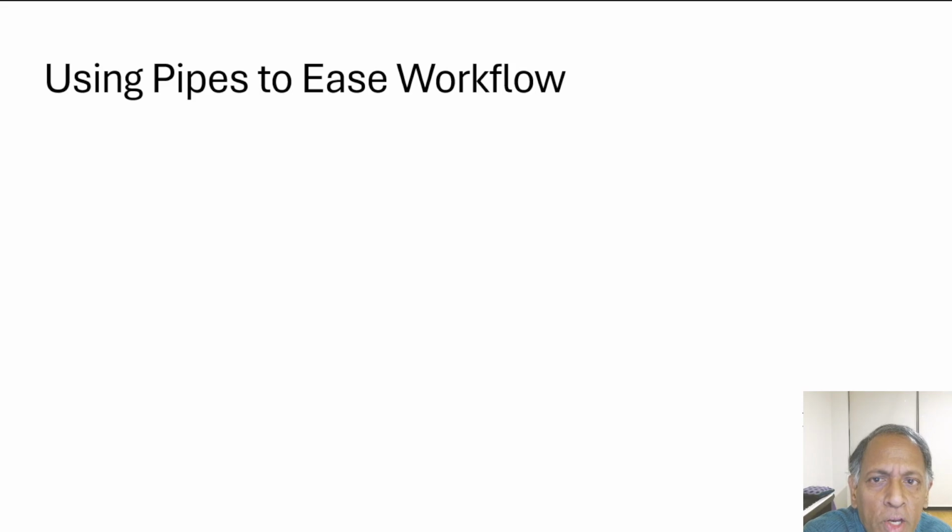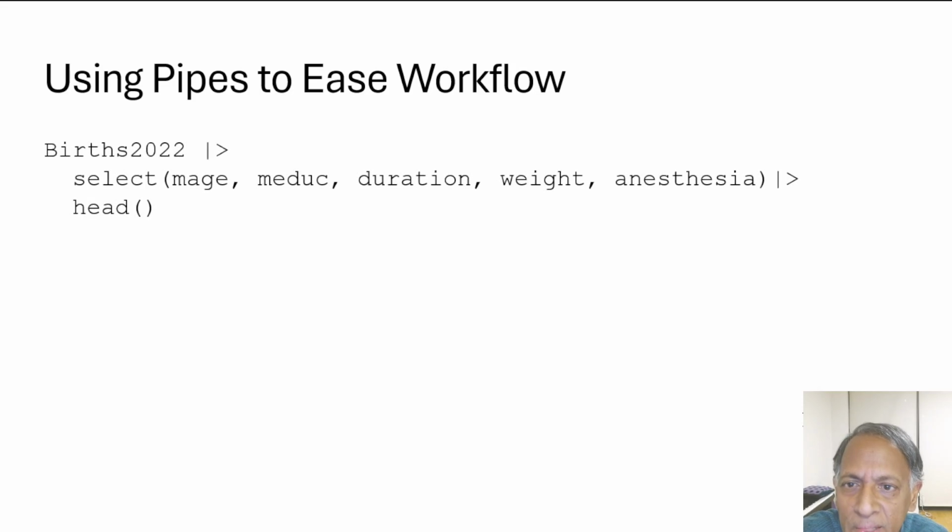Okay, so we are using pipes to ease the workflow when we work with data. That's where the real benefit comes. So what we can do is we can say births 2022, and then we send it through a pipe into the select function. Now the select function is going to return a data frame containing only the columns that we had asked for.